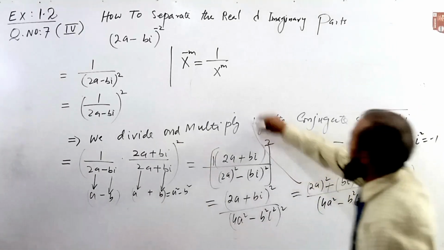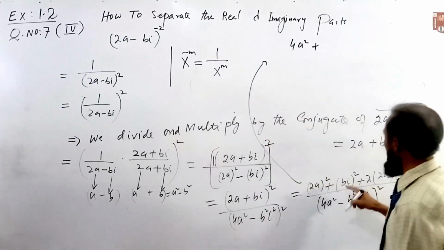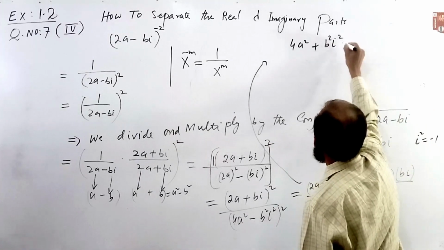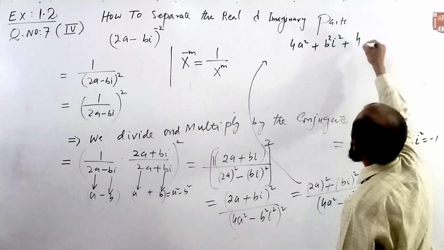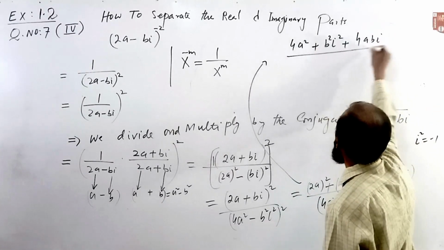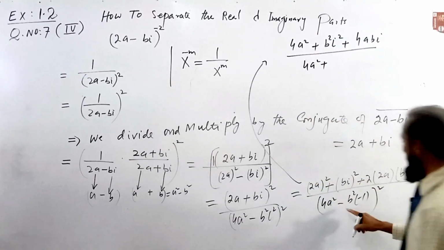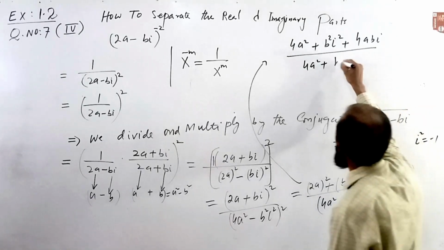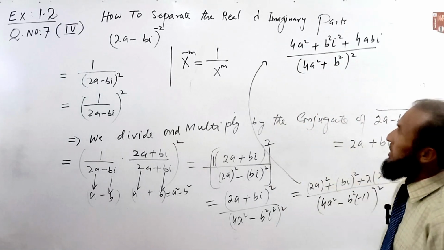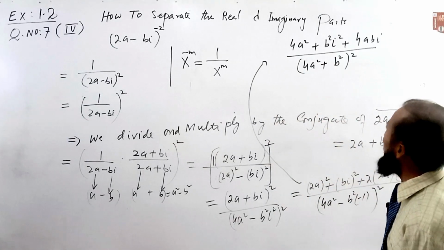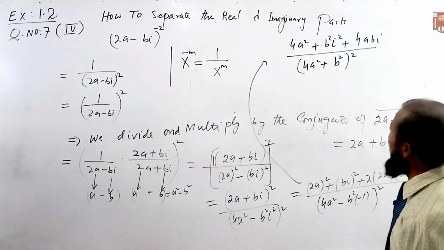Now further simplify these terms. So 4a square plus b square iota square plus 2 multiplied by 2, 4ab iota, divided by (4a square plus b square) whole square. Now the question requires us to separate the real and imaginary parts.